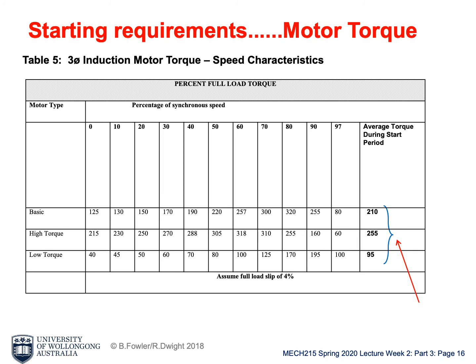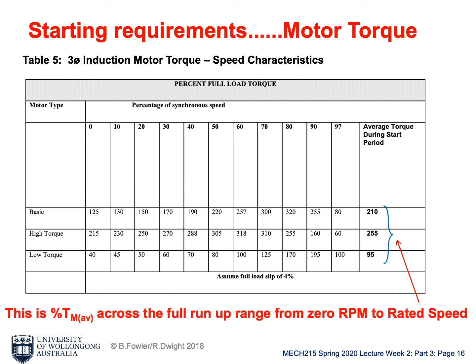You can also use the last column, that's the average motor torque as a percentage of the rated motor torque, to do the calculation during the acceleration. This information can also be read from figure 7 on page 9 in this slide.